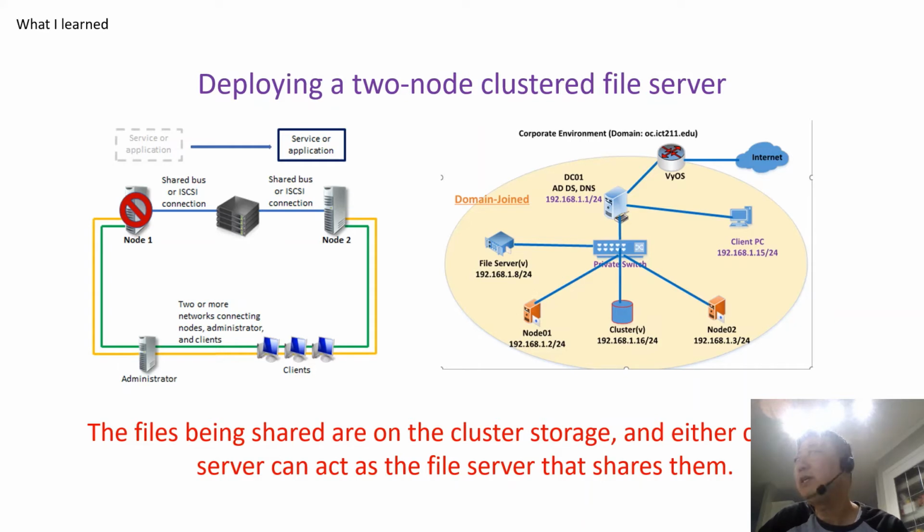The second image is the deployment of a two-node file server cluster for the final case study presentation. The files being shared are on the cluster storage, and each cluster server can act as the file server that shares them.